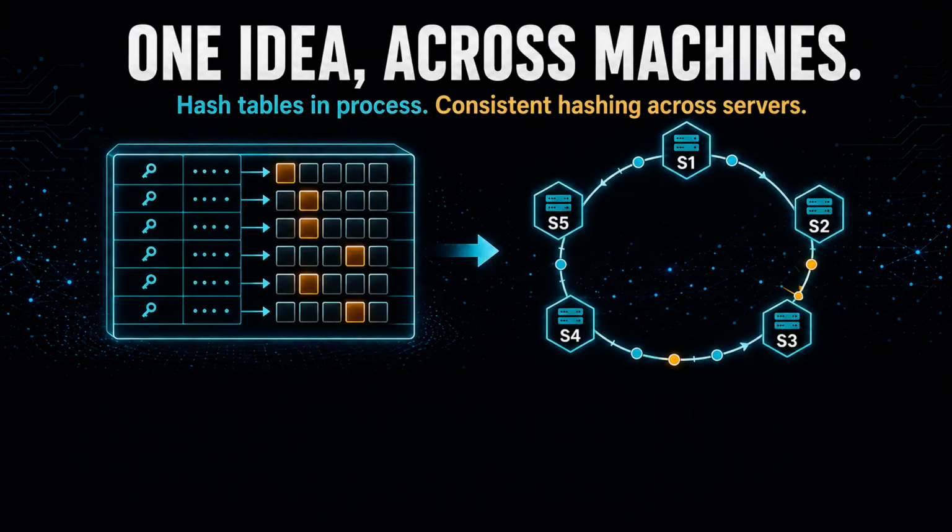One closing pointer. The same hashing idea extends across machines. In a distributed cache or a sharded database, a hash function decides which server holds each key. The naive version of that, hash modulo the number of servers, falls apart the moment you add or remove a server, because suddenly every key gets a new home and the cache empties.